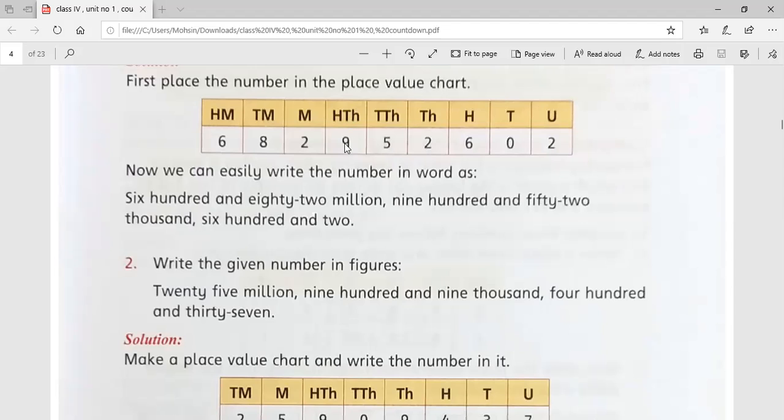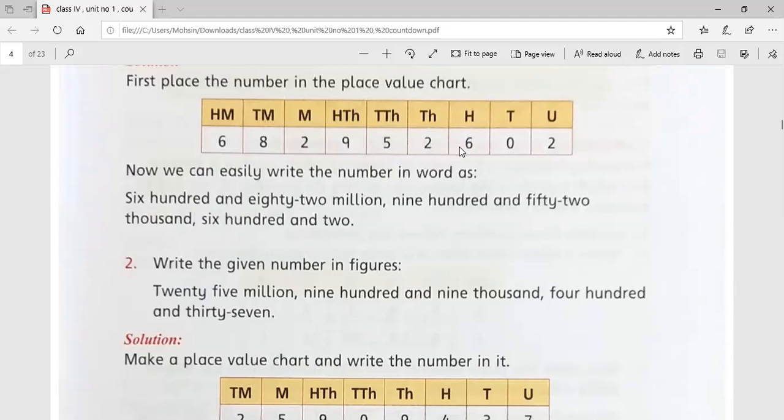Then comes the turn of thousands. You can see there are 3 digits of thousands. First 900, how many? 100. 952,000. I end up with the thousands value, so I write a comma here.